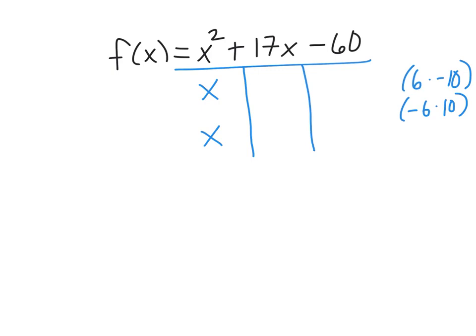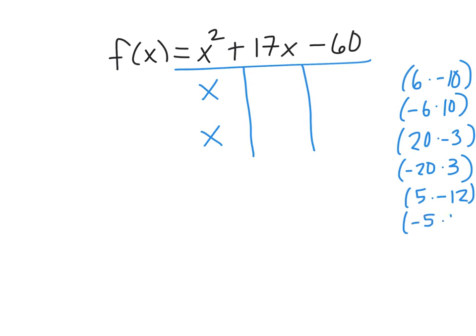Okay, I have 6 times 10. I have 20 times negative 3, or negative 20 times 3. We have more, right? 5 times 12, or 5 times negative 12, negative 5 times 12, 60 times 1, or 60 times negative 1, and negative 60 times 1.